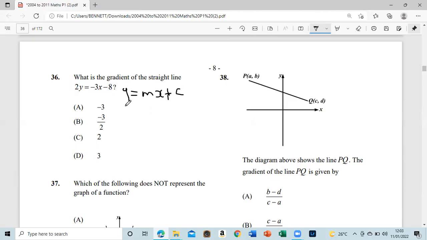If we have 2y equals -3x minus 8, that means we simply have to solve for y. So we need to get rid of that 2 by dividing. The gradient is the number in front of x, so it's -3/2.